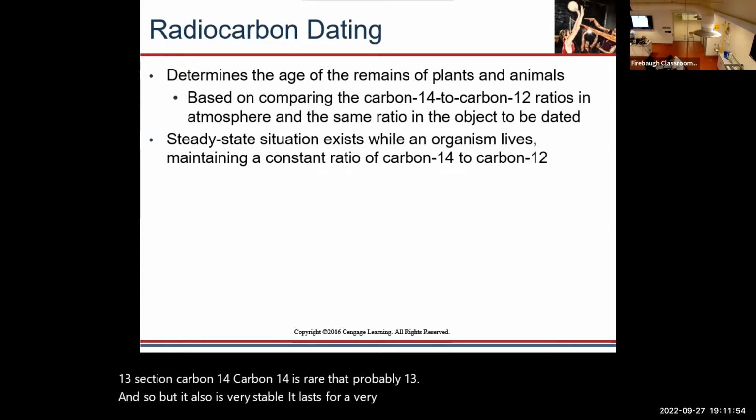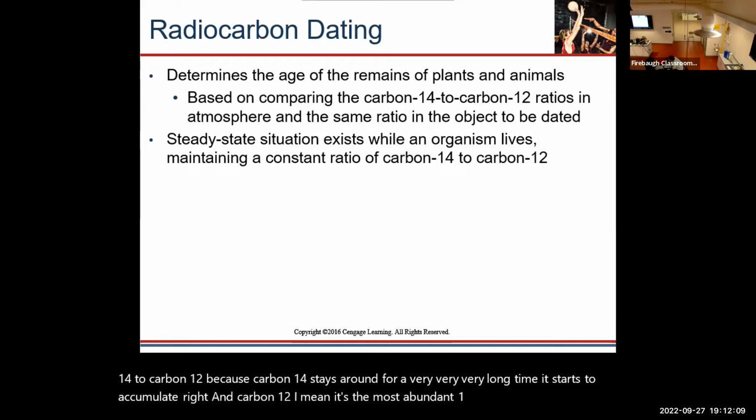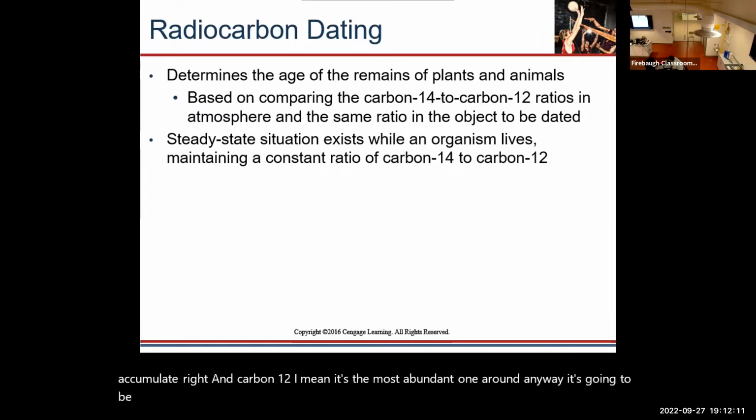So if you look at the ratio of carbon 14 to carbon 12, because carbon 14 stays around for a very, very long time, it starts to accumulate, right? And carbon 12 is the most abundant one around anyway, so that ratio increases. That means you have more carbon 14 over 12.